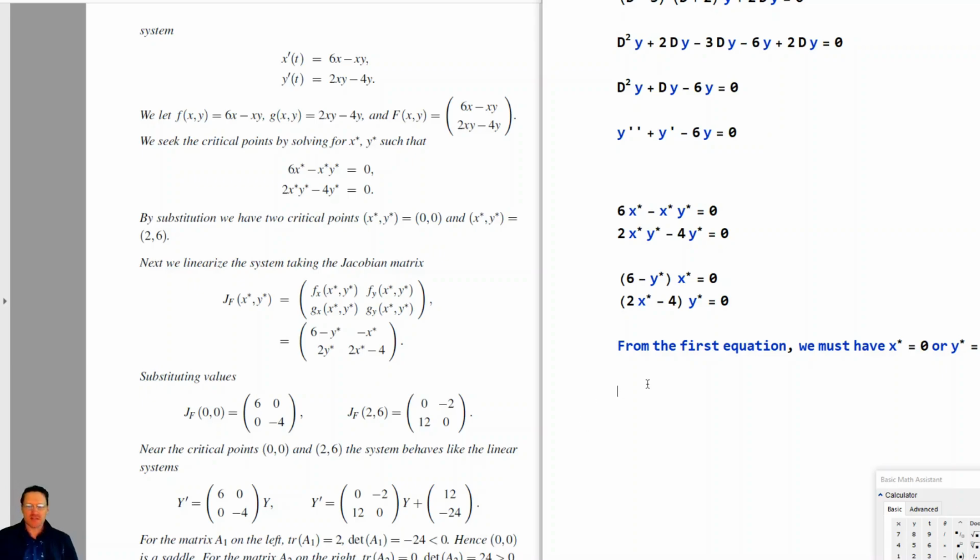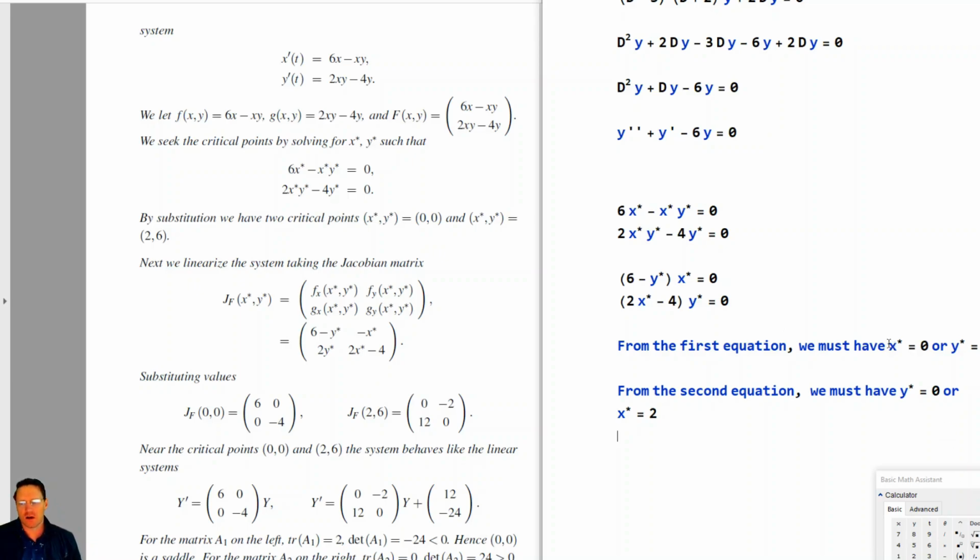Let's make another sentence about the second equation. From the second equation, we must have y star could be equal to 0, or this one here gives x star equals 2. Okay, so we combine those together.